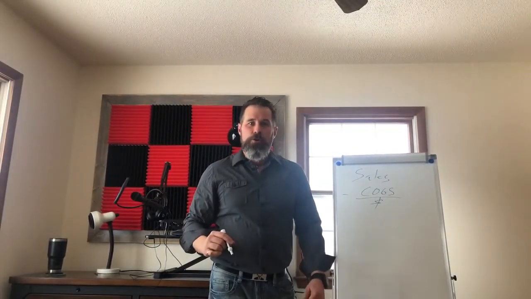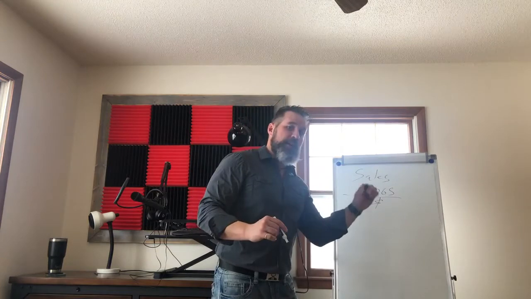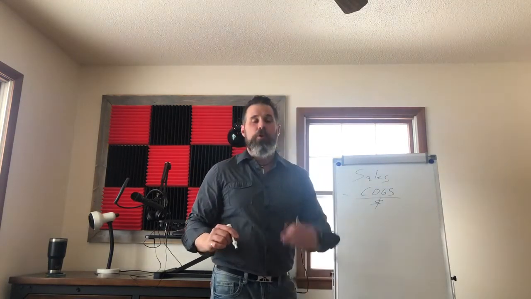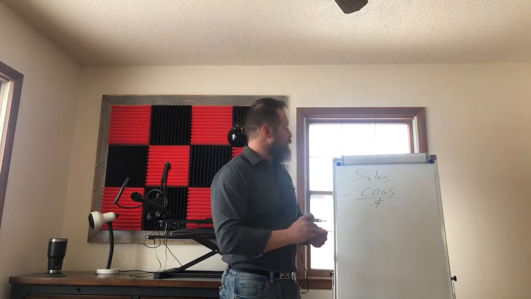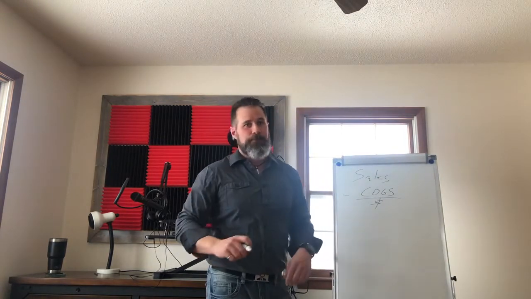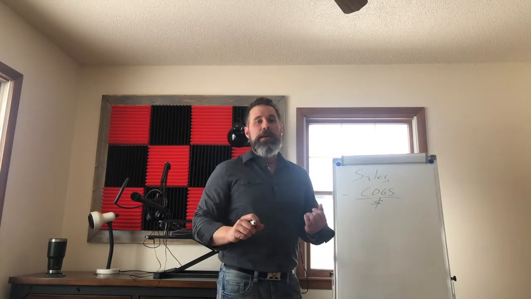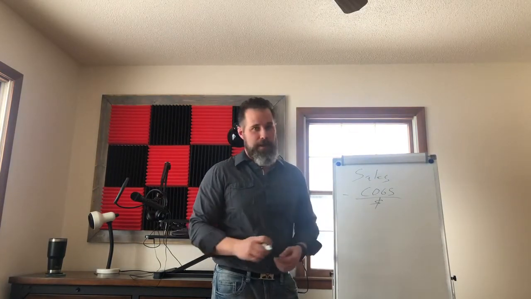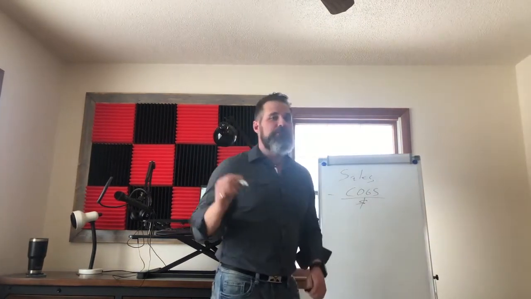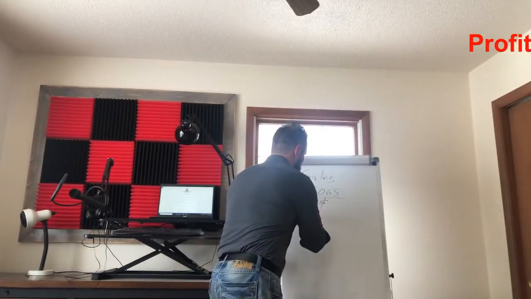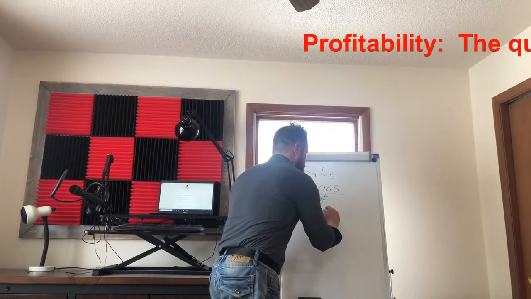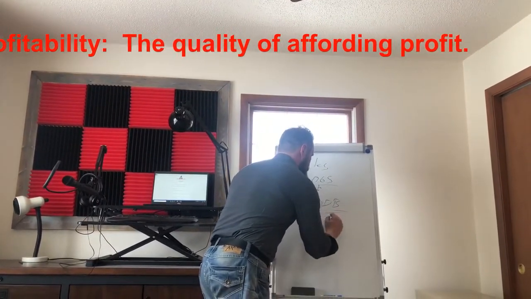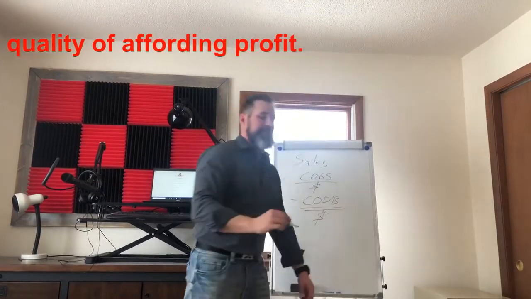Now, the difference between profits and profitability is all the other stuff that it requires in order to produce those sales. Employee cost, equipment cost, insurance, everything. That is your cost of doing business. So now we've got to subtract that out. And then you end up with profitability.